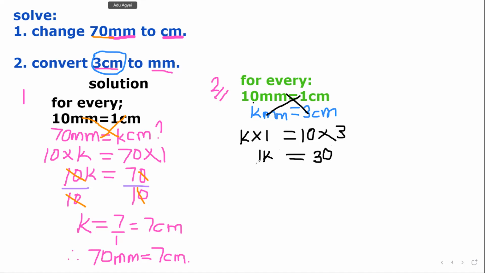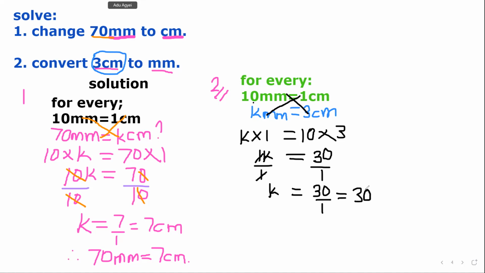To find k, not 1k, divide both sides here by the number attached to the k, and that is 1. This one will take care of this one here. Now k is free, which is equal to 30 over 1. And 30 over 1 is the same as 30.